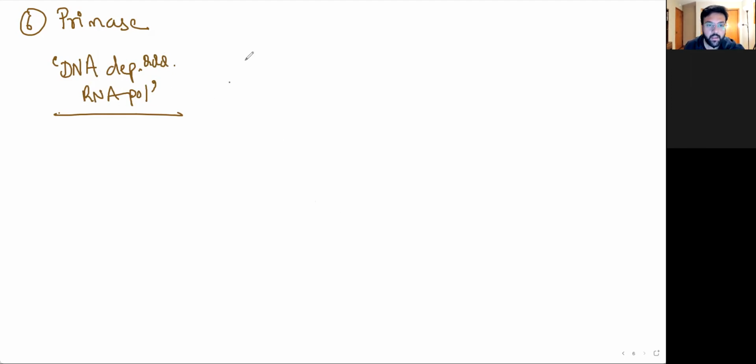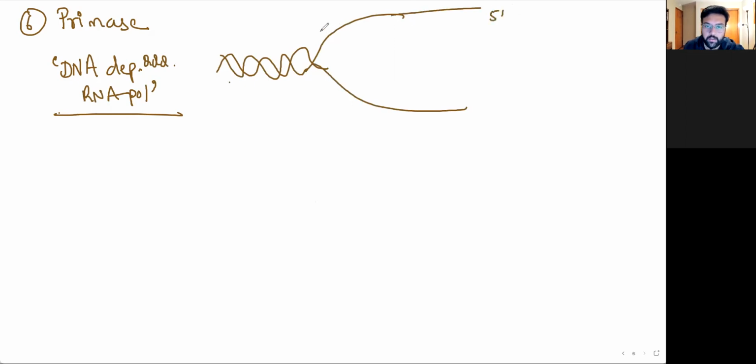Okay, so that's your replication fork again. Let's say this is your 5', this is your 3'. So this has to be 5', this has to be 3'. Now tell me, this is strand number A, this is strand number B. Where should I make the leading strand if this is the direction of helicase?